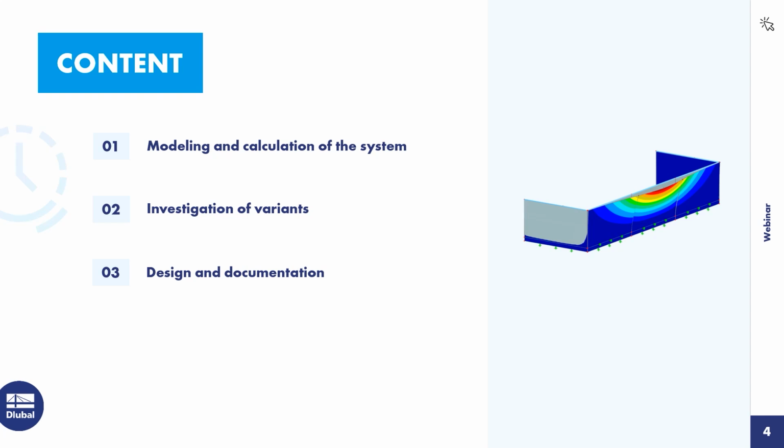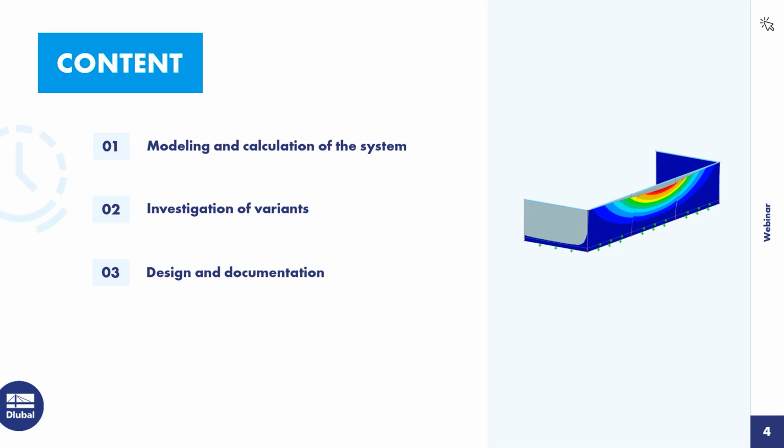We want to take a look at some variants, maybe on the failure of one surface or on the failure of one layer of a surface. And last, we want to take a look at the design and documentation in RFEM.